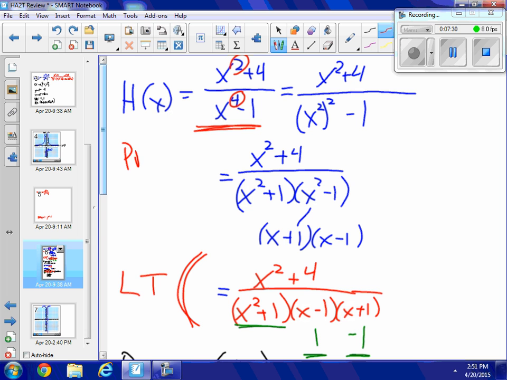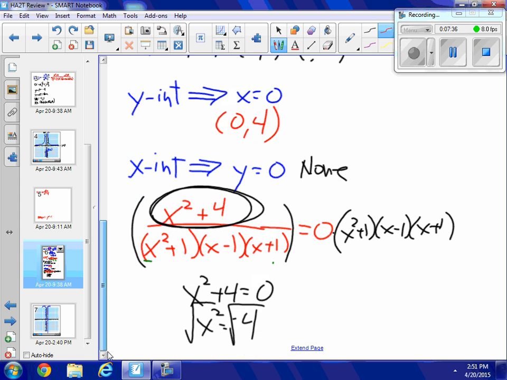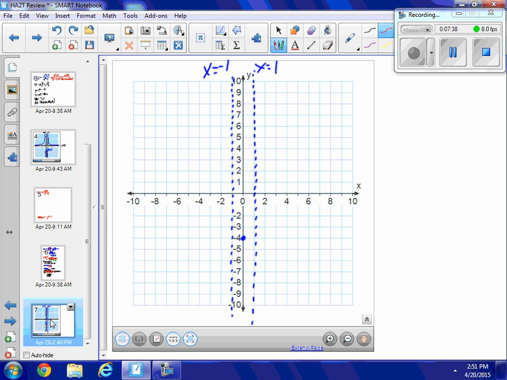This is a proper rational function. And all proper rational functions have an asymptote on the x-axis, y equals 0. So now I have my horizontal asymptote.